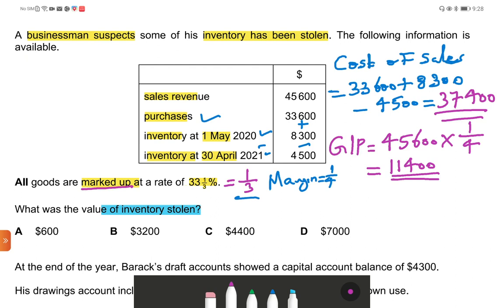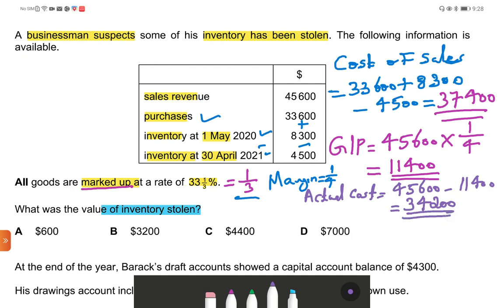If the gross profit is 11,400, what is the actual cost of sales? Actual cost of sales is equal to sales minus profit. 45,600 minus 11,400 is equal to 34,200. But how much did we calculate? 37,400 is the cost of sales.